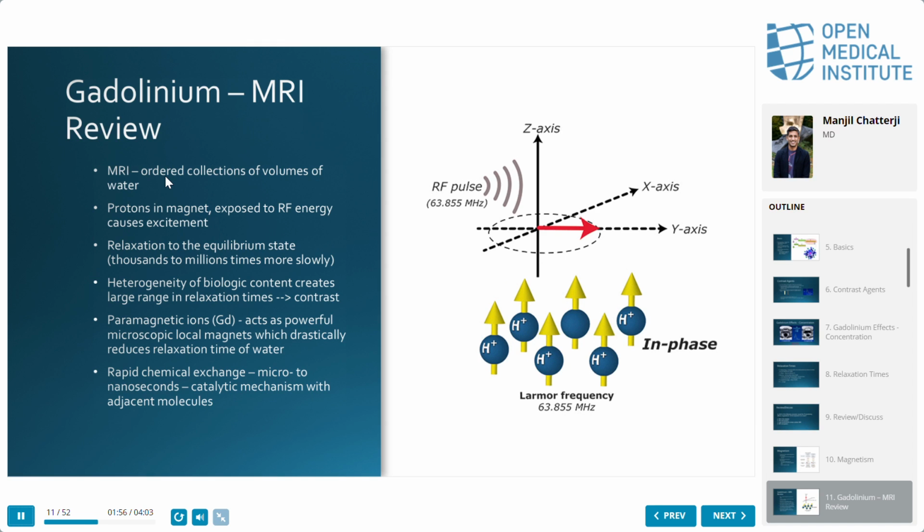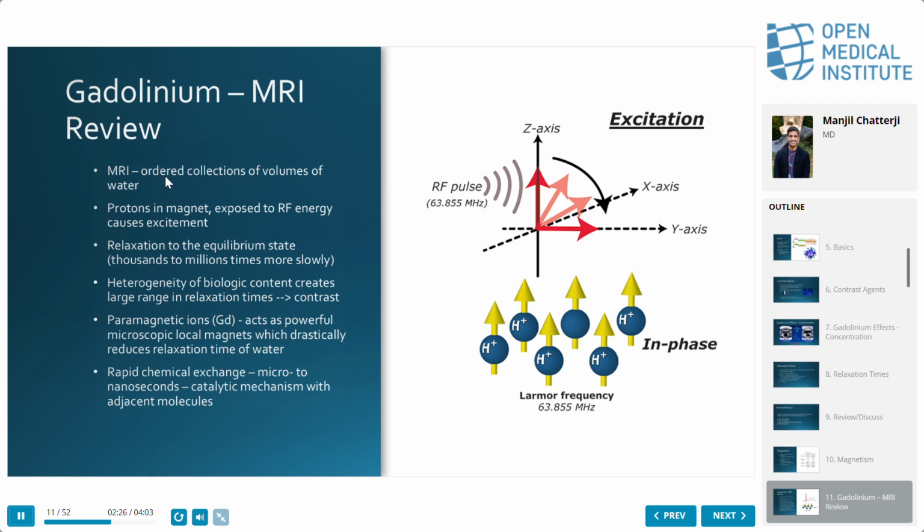If you catch it at just the right time, when 63% of them have gone back to the original state, you have a difference in signal. Water might be a little bit slower, fat might be a little bit faster because of its proton content, and then you can measure a signal, okay?